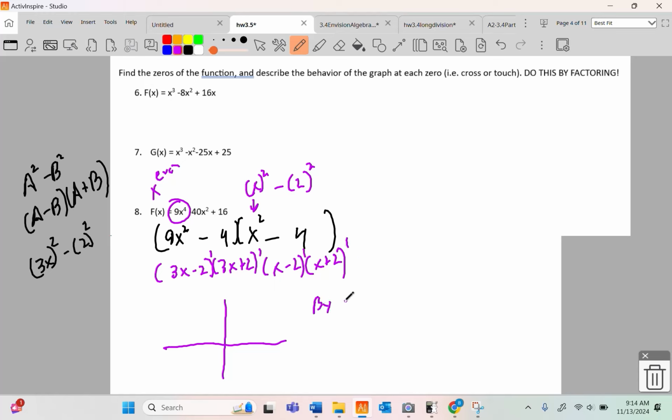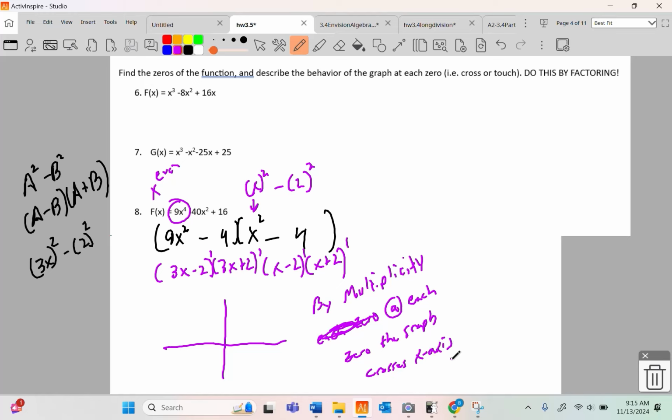So by multiplicity, at each zero, the graph crosses the x-axis because 1 is odd. Odd multiplicity crosses.